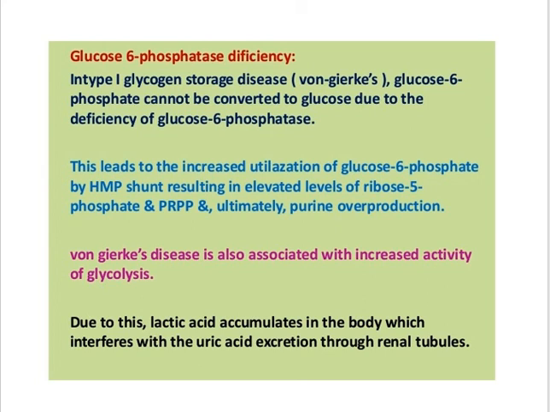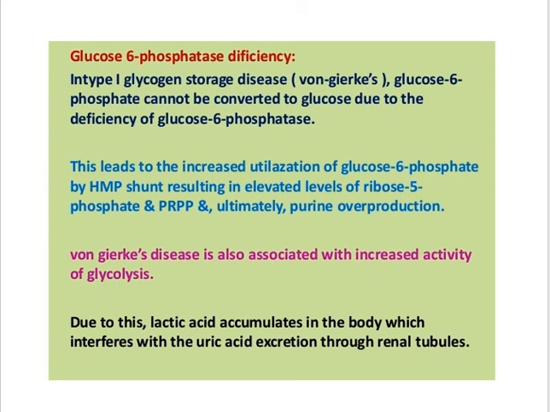And von Gierke disease is also associated with increased activity of glycolysis. As we know, with the deficiency of glucose 6-phosphatase, there is an excessive amount of glucose 6-phosphate, which leads to the activation of glycolytic pathways, leading to the excessive production of lactic acid.